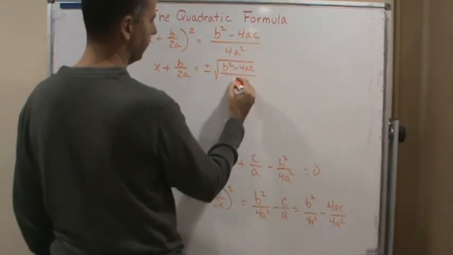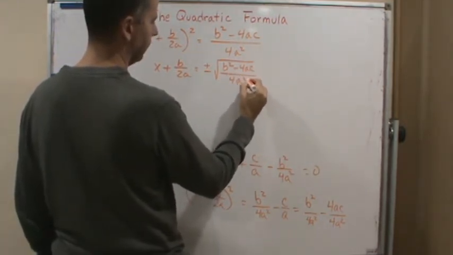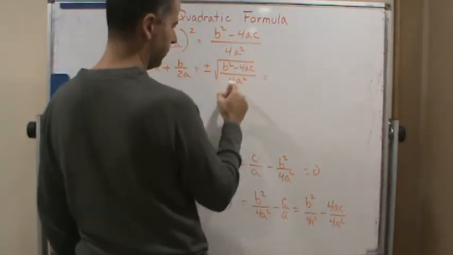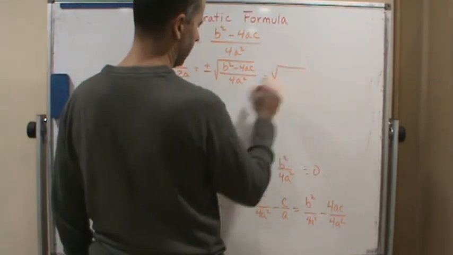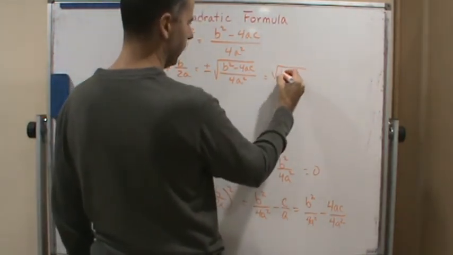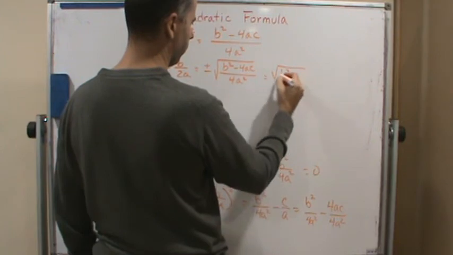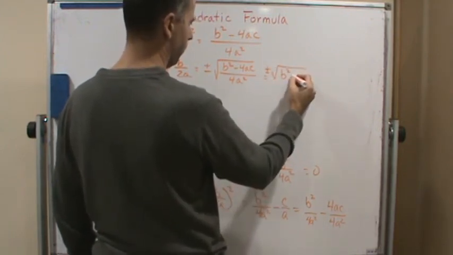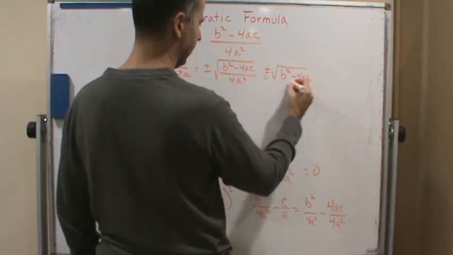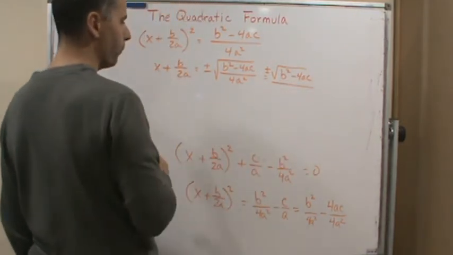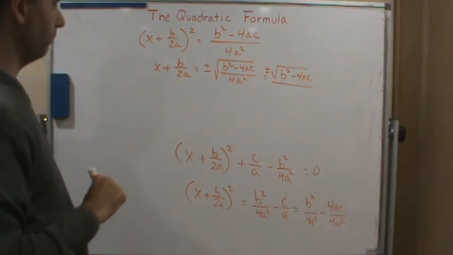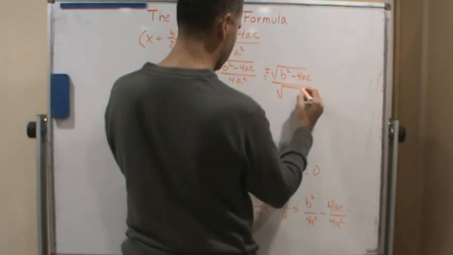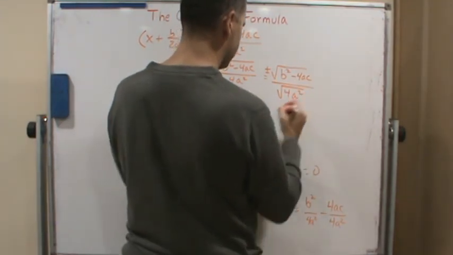b squared minus 4ac over 4a squared. Now I'm going to split this up into two radicals because the bottom is a perfect square. So this will be plus or minus the square root of b squared minus 4ac, and the bottom is the square root of 4a squared.